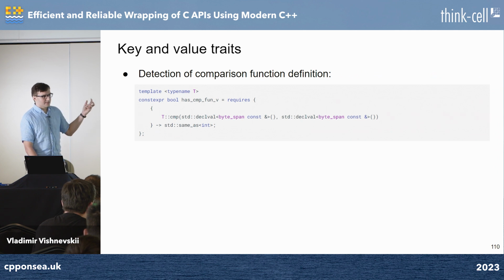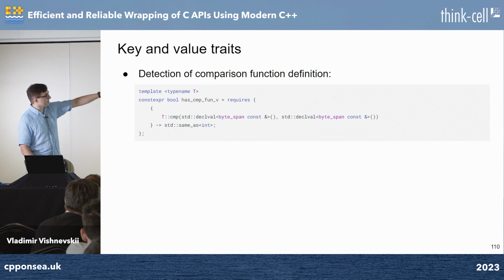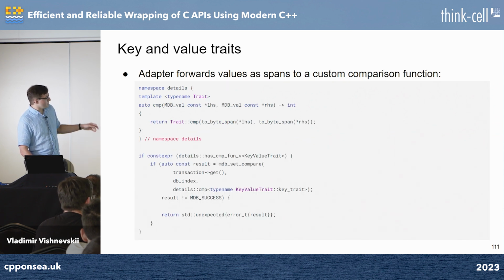We can detect the presence of this in the trait using the requires facility. The expression will evaluate to true if this is a well-formed operation for some type T, in our case our trait.